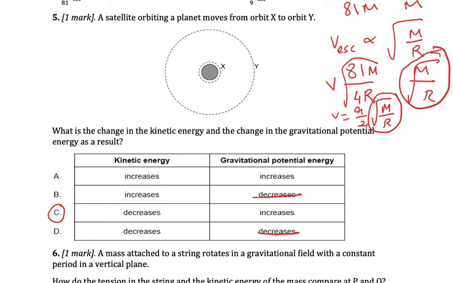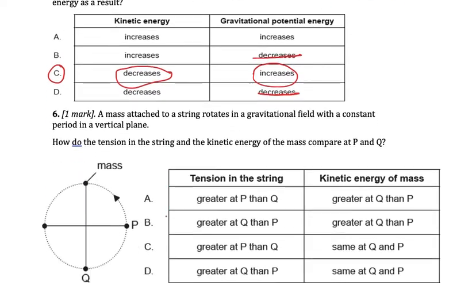The closer the orbit, the higher kinetic energy a satellite would have to maintain the circular motion, basically because you have a stronger force acting. So at Y, at the higher orbit, you would have a larger potential energy, and less kinetic energy compared to orbit X.